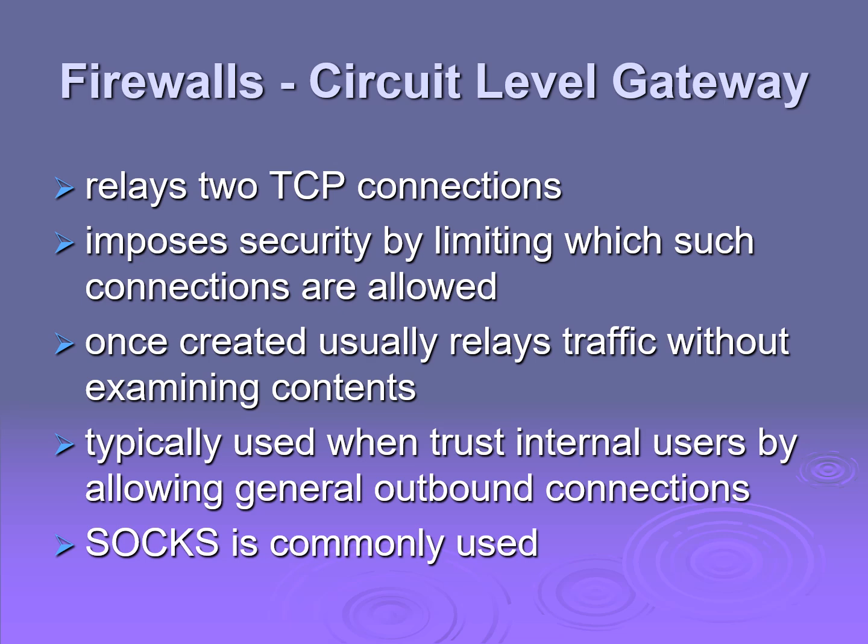A circuit level gateway relays two TCP connections, one between itself and an inside TCP user, and the other between itself and a TCP user on an outside host. Once the two connections are established, it relays TCP data from one connection to the other without examining its contents.